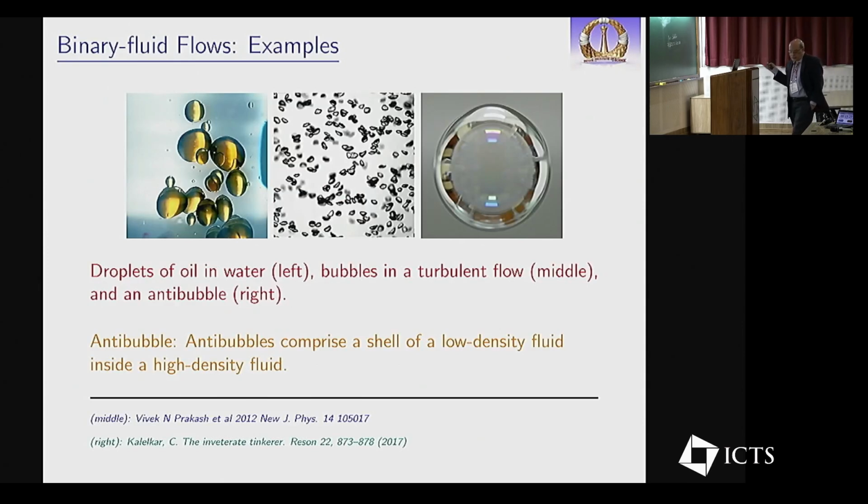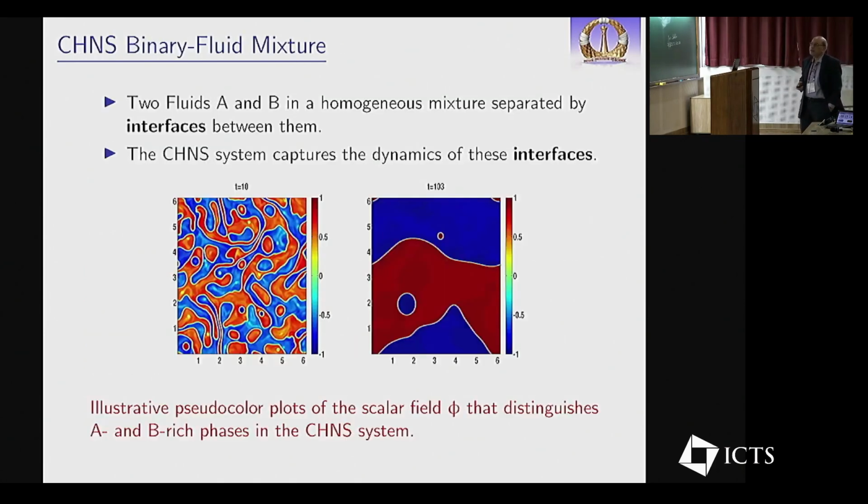Okay, now to change gears, I will also be looking at binary fluid systems. So you know this well, so just oil and water drops, and again, bubbles in a turbulent flow. We'll skip anti-bubbles today. And this is very well known to statistical mechanicians. We all grew up learning about the Cahn-Hilliard system, which tells us how 2 different phases, fluids A and B, phase separate.